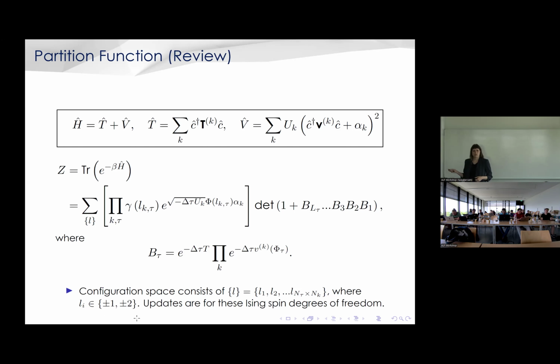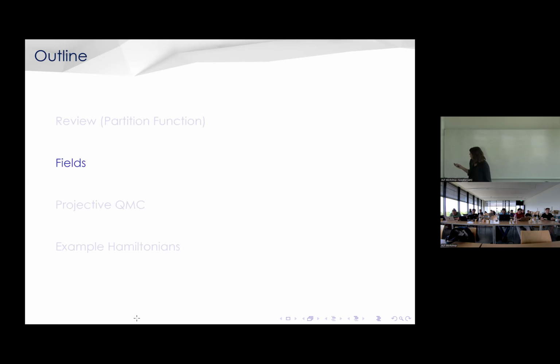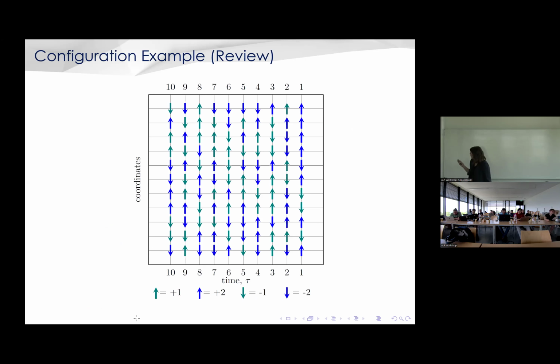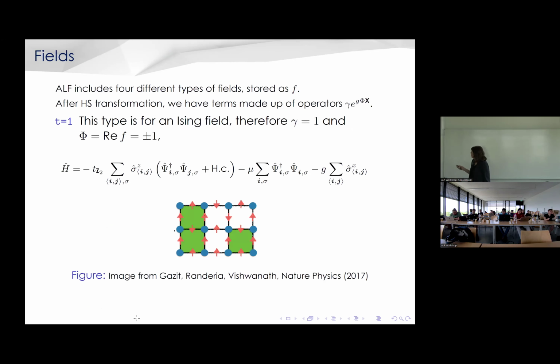So I wanted to mention this before going further, that there are actually a few different options one has for these fields, both in terms of auxiliary fields and in terms of physical fields.